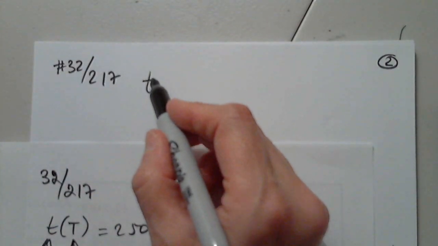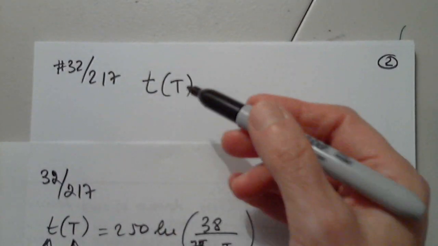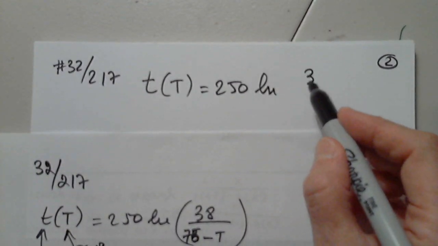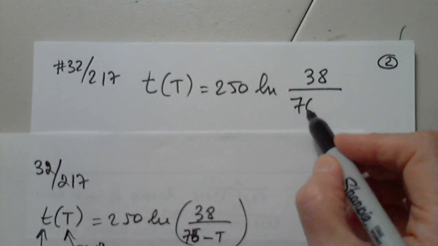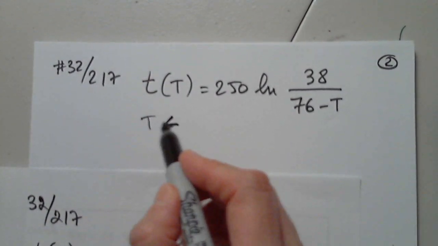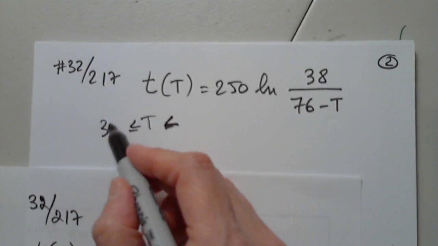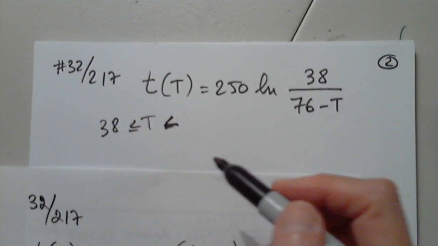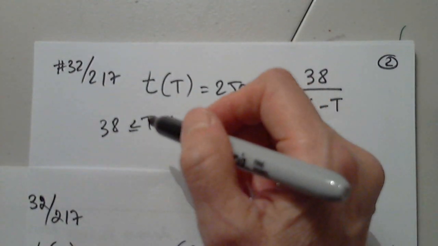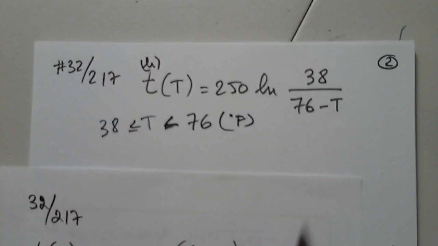So we have time as a function of temperature, and we have the formula T equals 250 natural log of 38 over 76 minus t. This time there was no typo. So t was anywhere between 38 degrees Fahrenheit and 76, and the time is in hours.